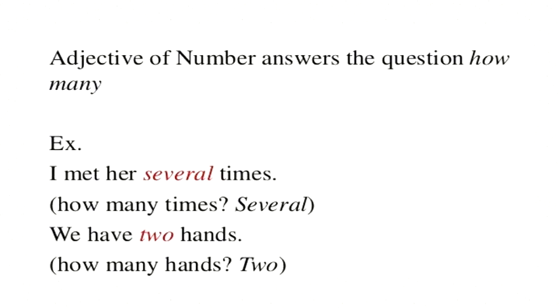See the second example. We have two hands. So how many hands do we have? The answer is two. So 2 is the adjective of number since it tells us about the noun hands. Okay. Whenever we have an adjective, that means there has to be a noun or pronoun with it. Remember that.